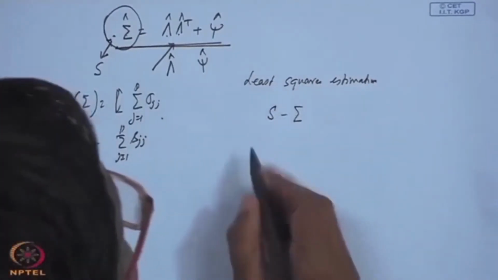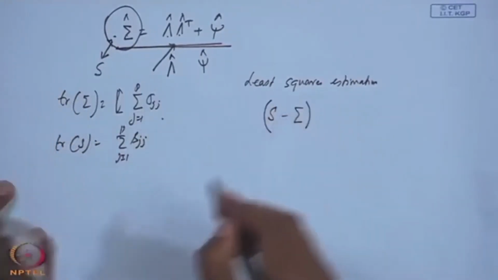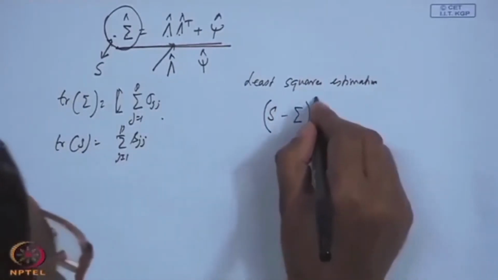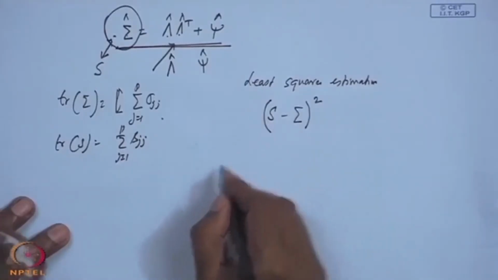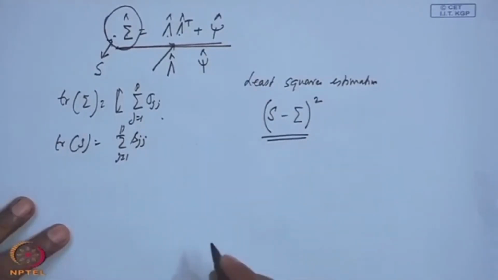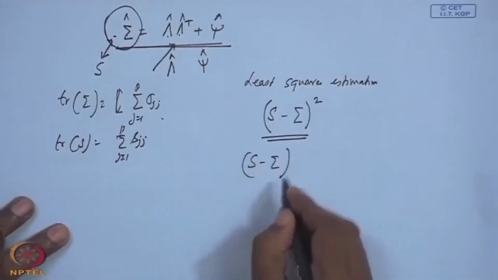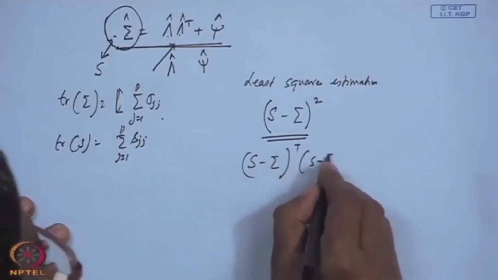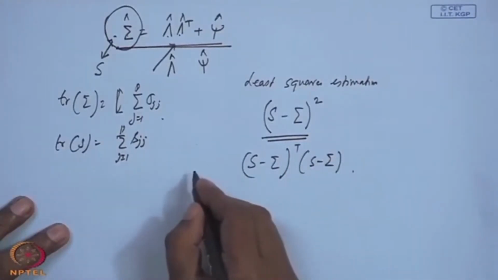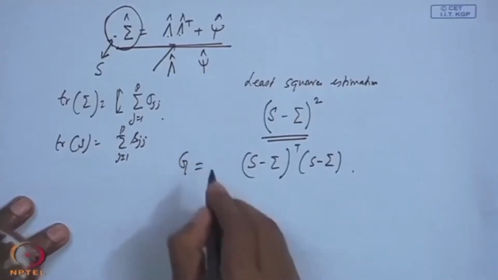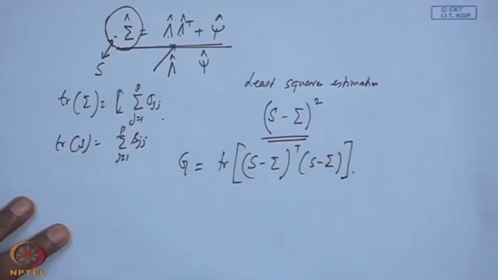Here, as we are interested in the variance component, we consider the sum square error like this, and this is in the matrix domain, and then we basically minimize a function g, which is trace of this.